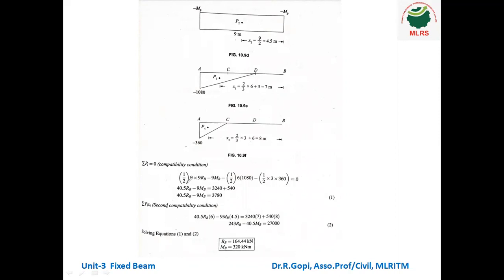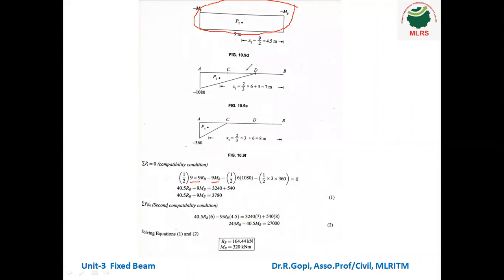So what is the first bending moment area? It is nothing but half into B into H. So half into 9 into RB. This is for the reaction. And the second bending moment area is this one. This is second. So breadth is 9, height is MB. So 9 MB. Next, minus the third bending moment diagram.